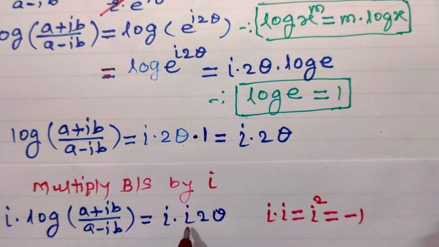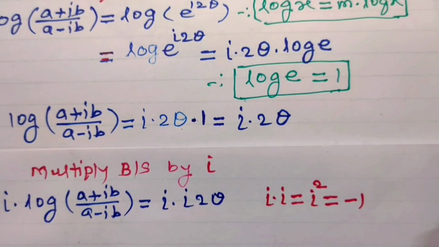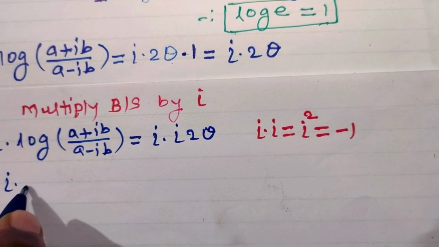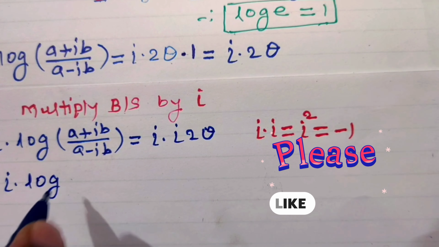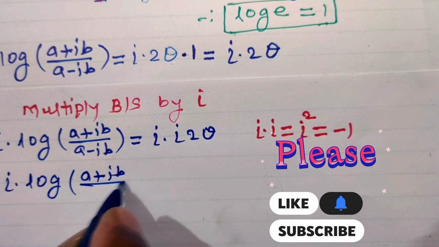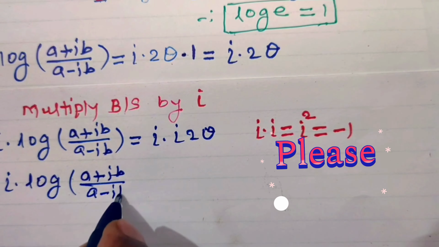Hence i into i you can replace by minus 1. Hence we can write i into logarithm of (a plus ib) divided by (a minus ib) is equal to minus 2 theta.